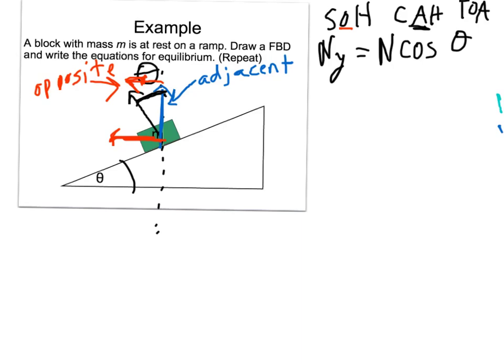So the x component of my normal force, N in x, is N sine theta, because the x part is opposite the angle. So the question was originally, how can I break apart the normal force into x and y parts? And now we've got that done.